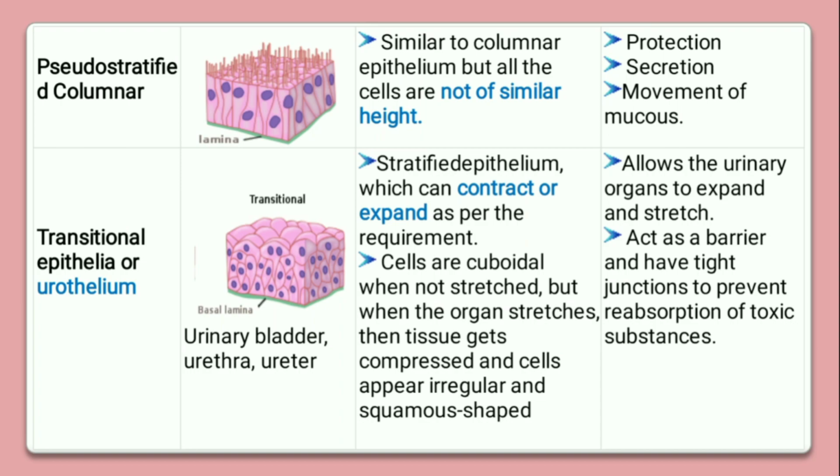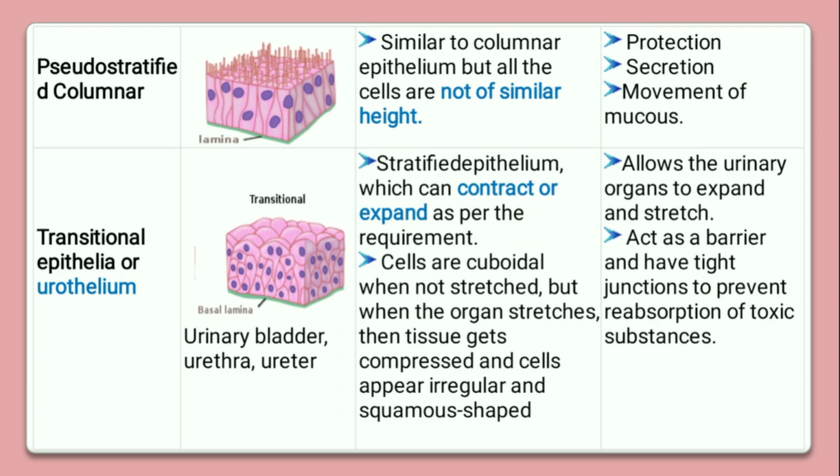Every column has a nucleus but at a different position. Here you can see from the bottom side it is very narrow and from the upper side it is very broad. So somewhat it looks like a stratified tissue. That's why the name is pseudostratified. It is similar to the columnar epithelium, but all the cells are not of similar height. So the functions of this tissue are protection, secretion and movement of mucus.